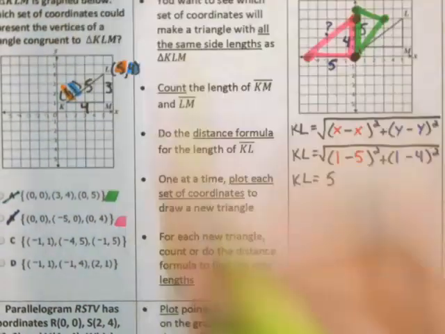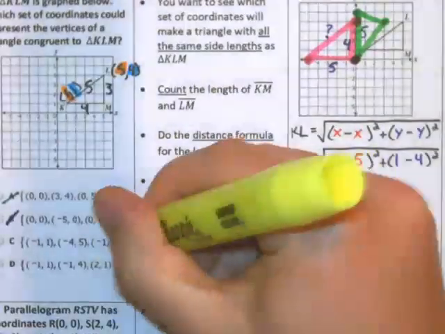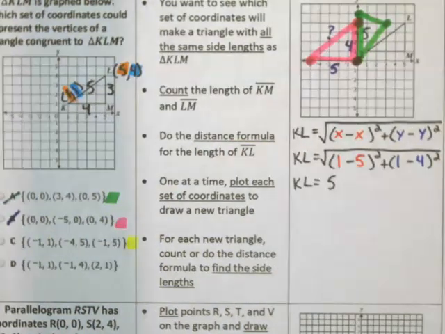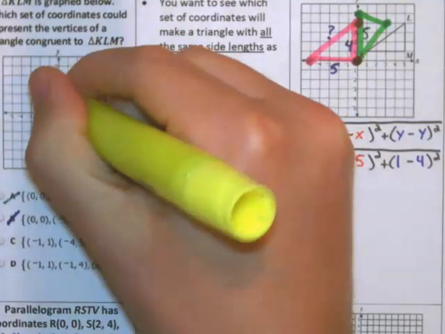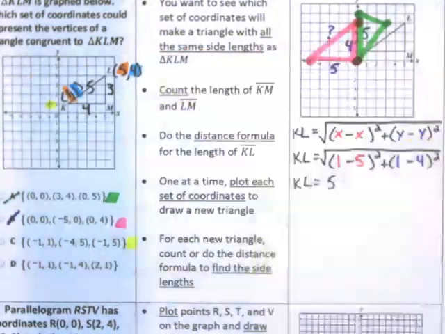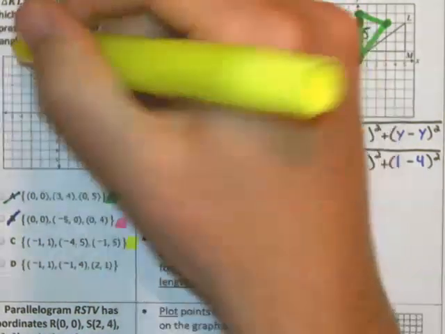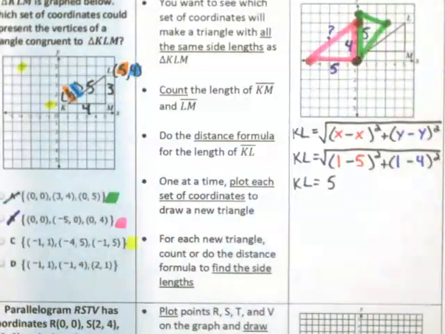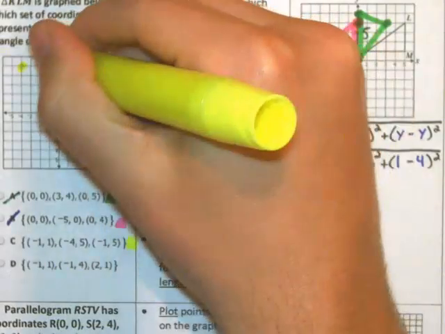I'm going to use yellow for this third set, and I'm going to go back to the original graph so that things don't get too messy. We've got -1, 1, -4, 5, and -1, 5.